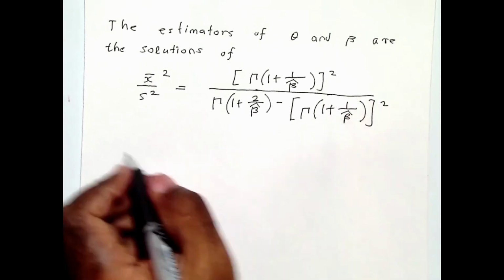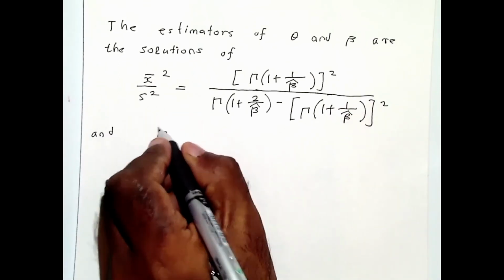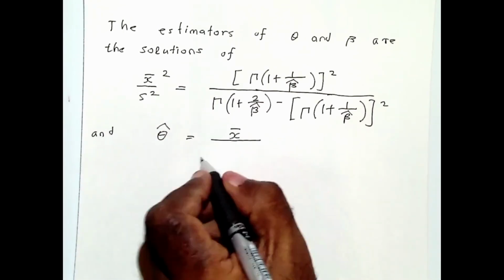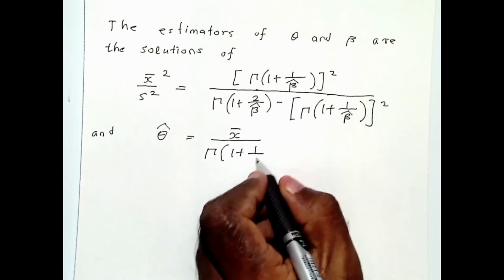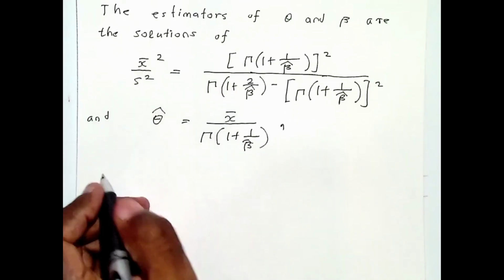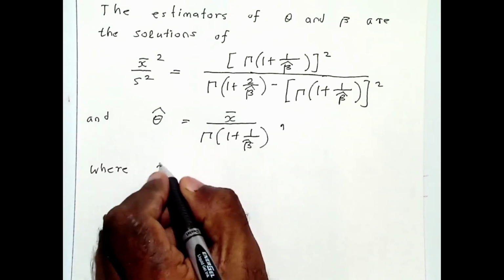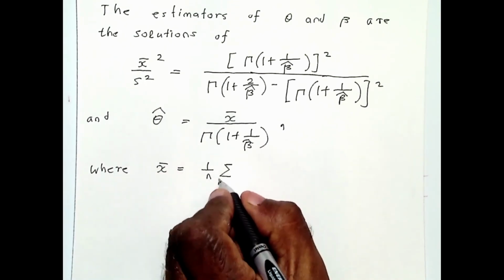So solutions of these two equations, where x bar is the sample mean. So x bar is simply 1 over n times the sum of the losses.